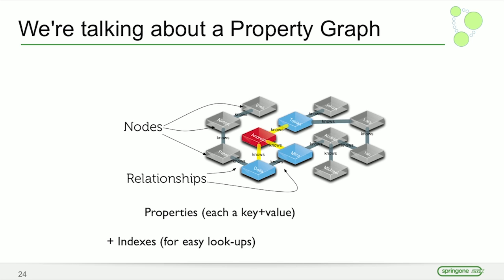So you can really have rich domain objects as nodes, and you can have rich relationships with time information, with weights, with quality information, with comments, remarks, things like that, in between the elements. You can have also multiple relationships between two nodes and multiple relationships of the same type or of different types. It's all up to you how you want to model your domain and which kind of use cases you want to support and have to support.